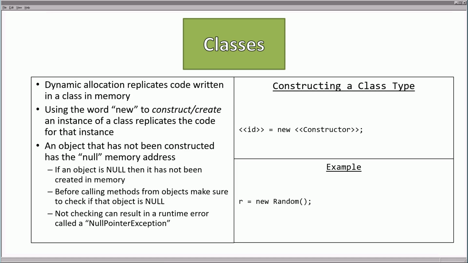Whenever we've used the reserved word new to create or construct an instance of a class, it replicates that code for that instance. So we've seen this many times before. As you can see here, if this class type, its ID, is equal to the reserved word new following a constructor, which we're going to discuss a little bit later on in detail, then this replicates that in memory. And in fact, we've used that before. Going back to the random number generator, if we assign r equals new Random, this is a call to its constructor, and that creates it inside of memory.